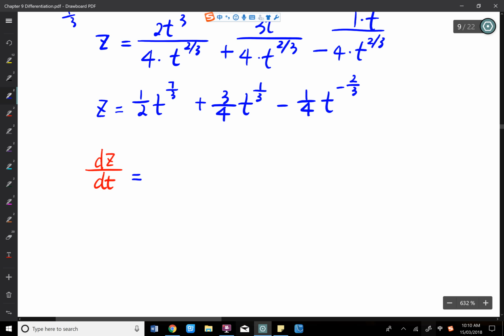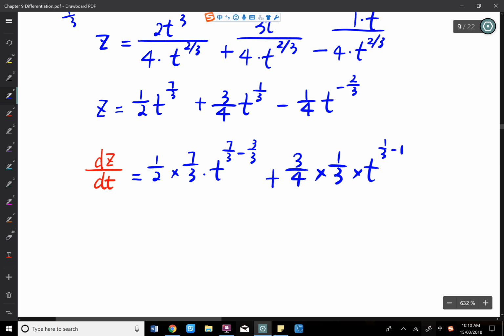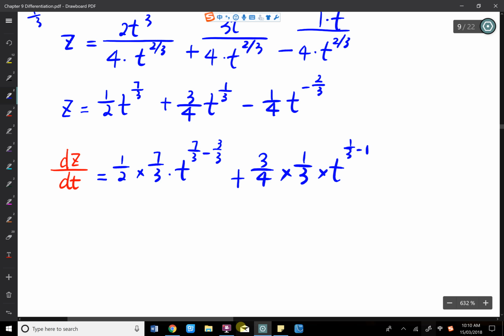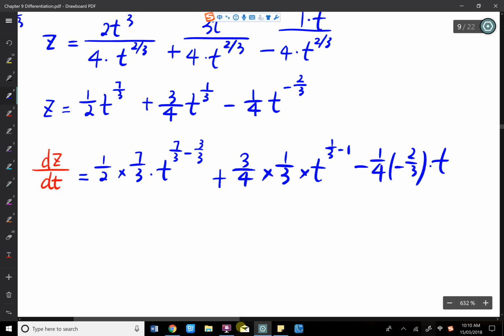It's dz dt equals a half times 7 over 3 t to the power of 7 over 3 minus 1, plus 3/4 times a third t to the power of a third minus 1, minus 1/4 times negative 2 over 3 t to the power of negative 2 over 3 subtract 1.